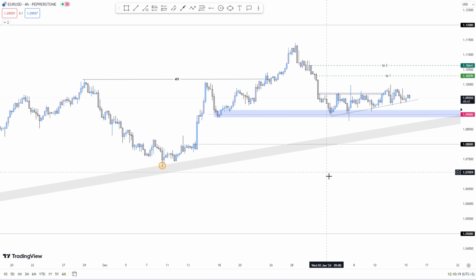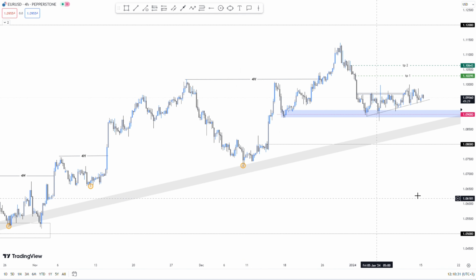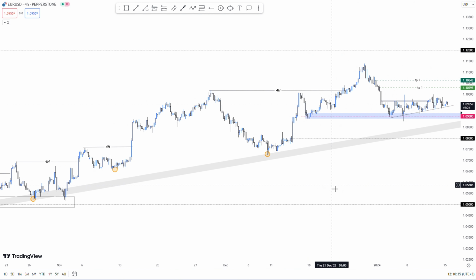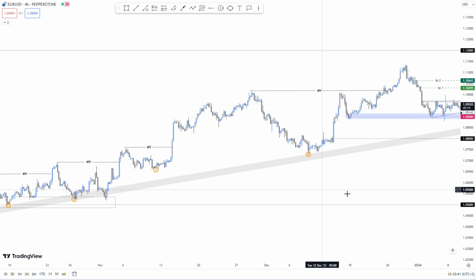So from there, after indicating your structure and your zones on the daily and the 4 hour time frame, the next thing you want to do on the same 4 hour time frame is analyze the structure. And by analyzing, what I mean is point out where the lows are, where the previous high got broken, and so forth.